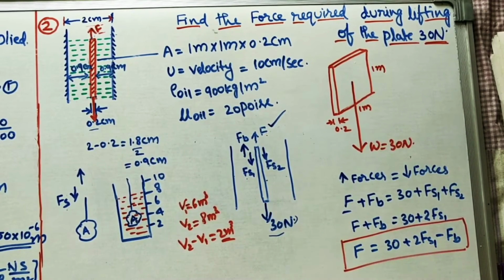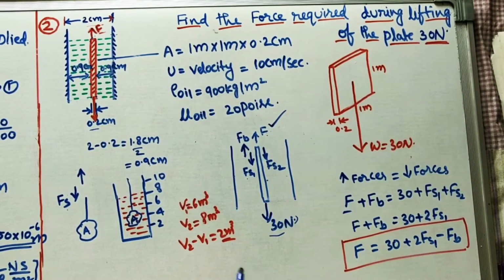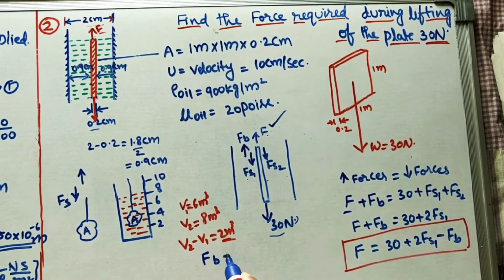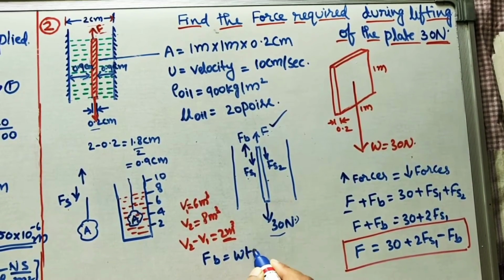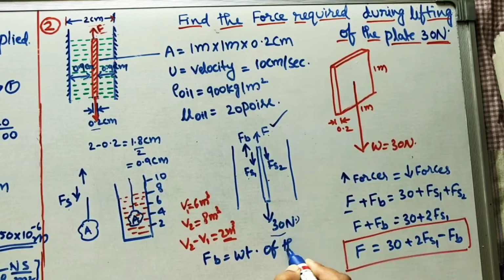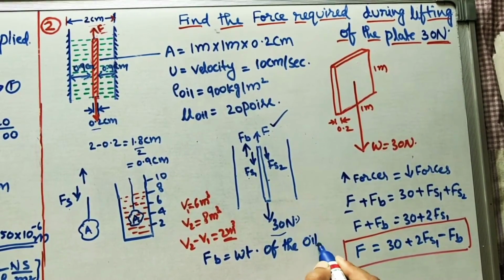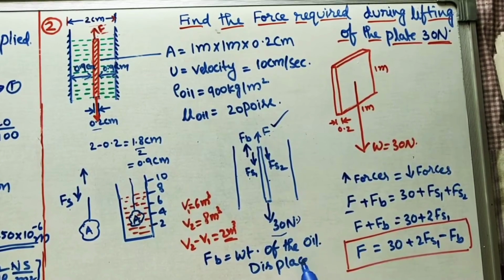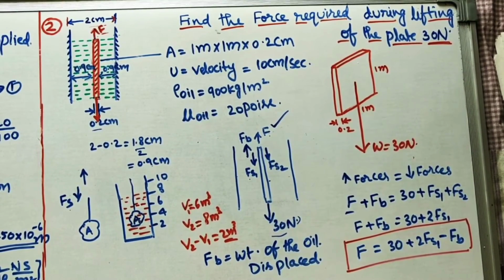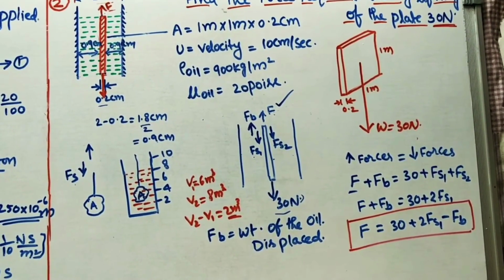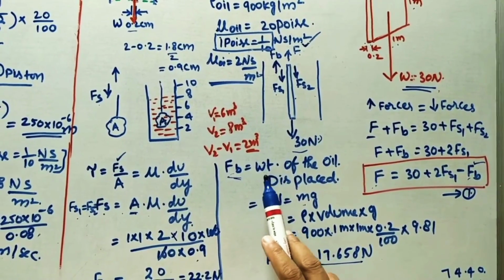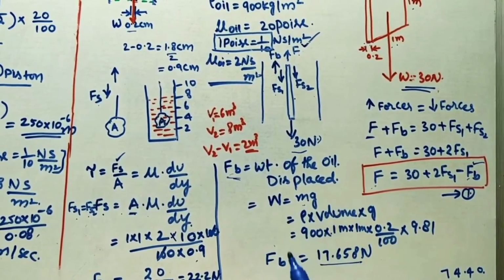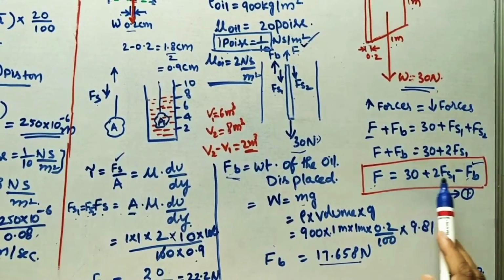Now write down here FB is equal to weight of the oil displaced. Now how to find the weight of the oil displaced? We have to take force. Weight of the oil displaced, because we are considering all forces in newtons.